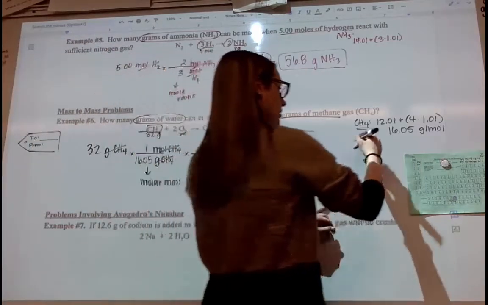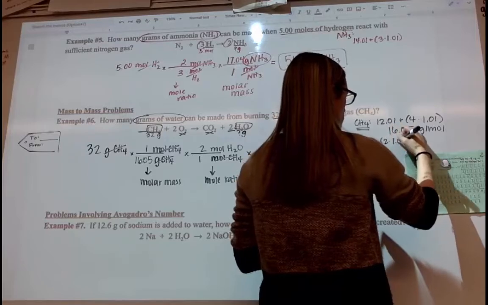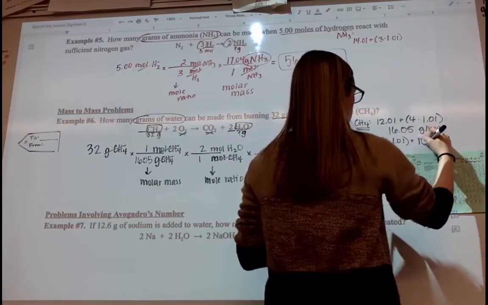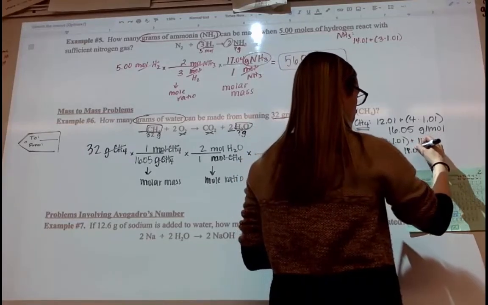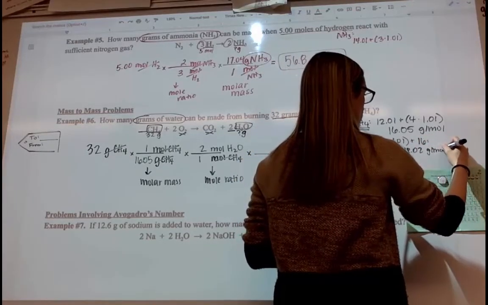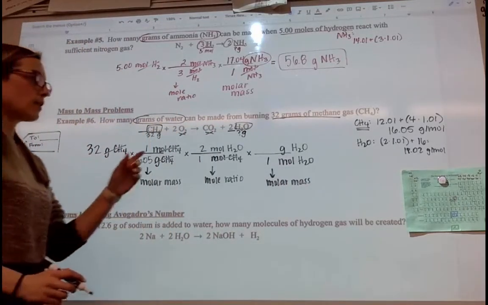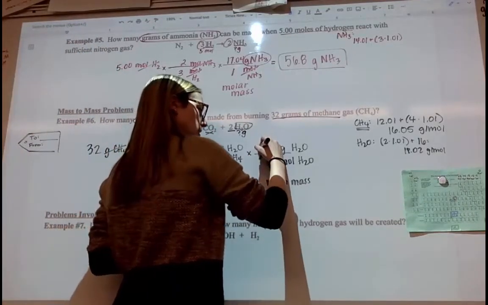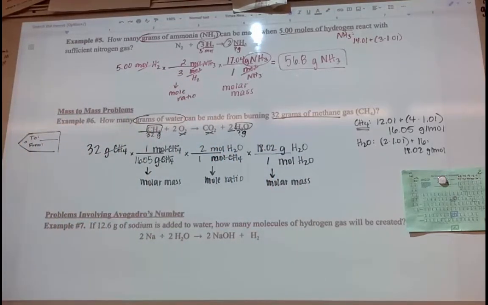So if we look at water now, 2 times 1.01 plus 16. So the molar mass of water is 18.02 grams per mole. That means for every 1 mole of water, it has a mass of 18.02 grams.